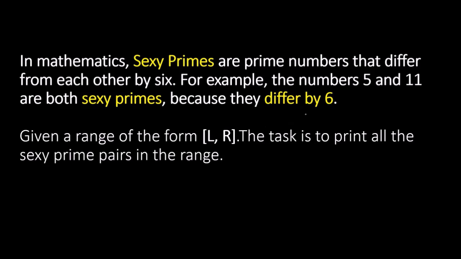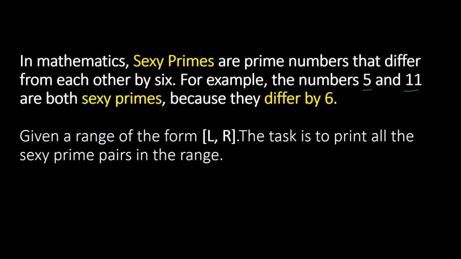So now, in mathematics, there is something called sexy primes, as given in the question. The meaning of this is that whenever there are two prime numbers which differ by 6, because 5 is a prime number. What is a prime number? A prime number is something that is divisible by 1 and only itself, and no other number can totally divide it, because you cannot divide 11 by anything, right?